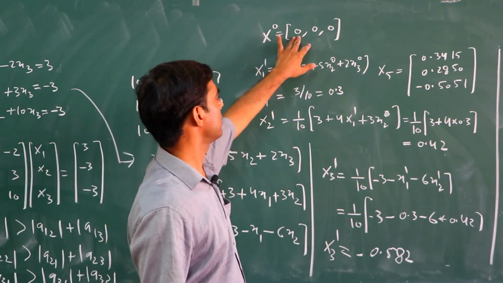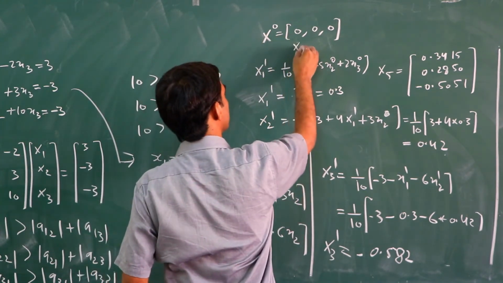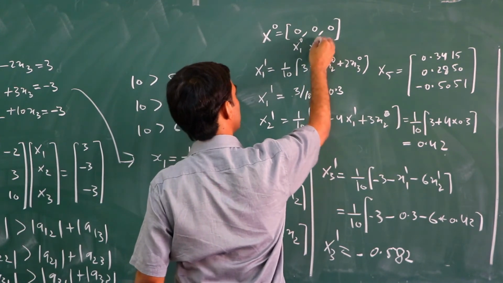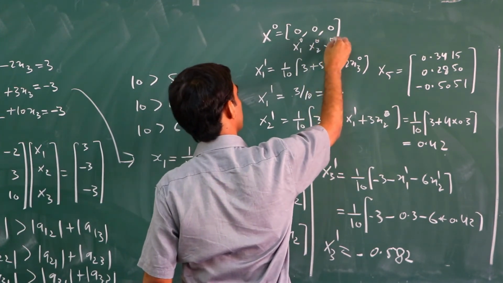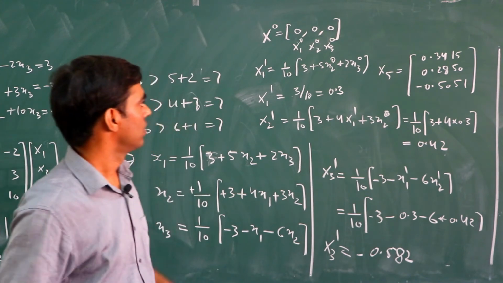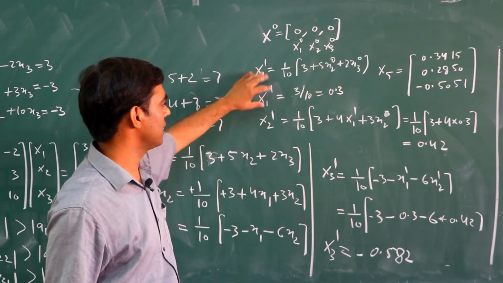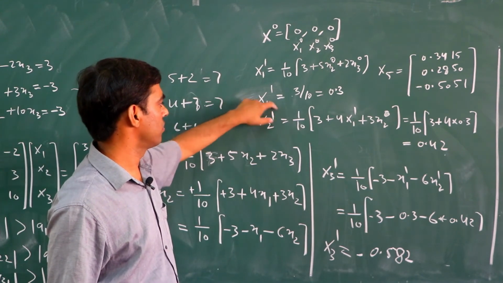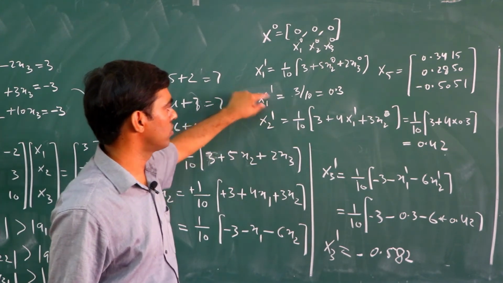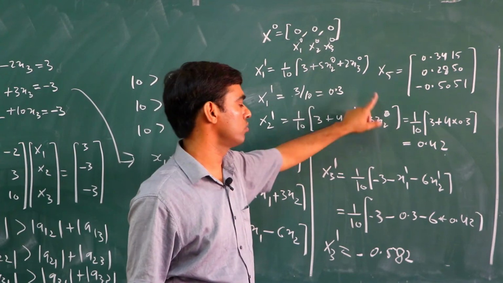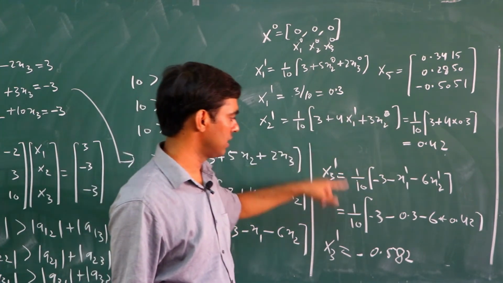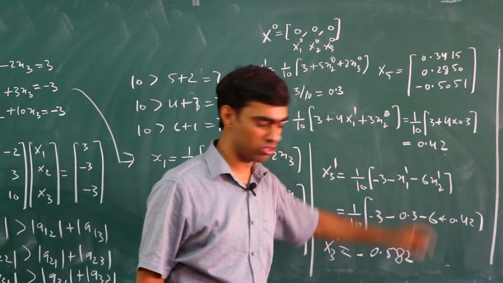We use the initial values x1^(0), x2^(0) and x3^(0), then we find 0.3. Then to find the value of x2^(1), we use the values of x1^(1) and x2^(0). To find the value of x3^(1), we use the values of x1^(1) and x2^(1).